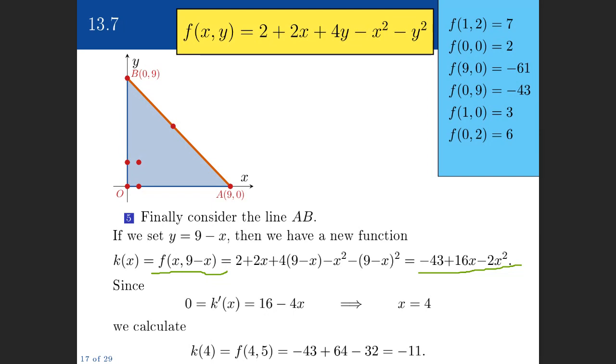What are the critical points of that function? The only critical point is when x is equal to 4. So we want the value of f when x is 4, and if x is 4, y must be 5, because x plus y is 9. f at (4, 5) is minus 11. Again, let's put this in the blue box.